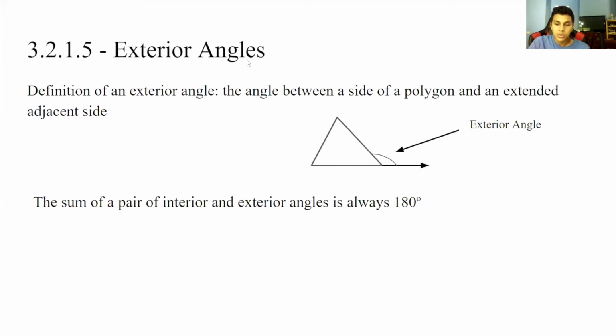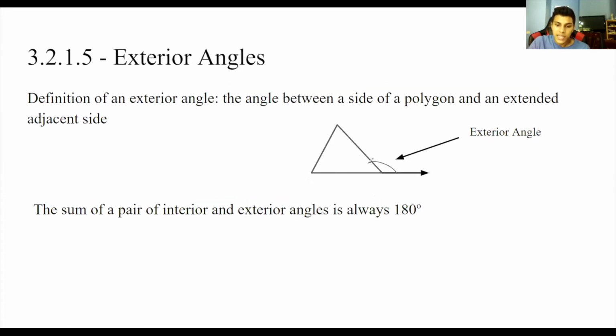And this is actually pretty easy to see too, because if I take this pair of an interior angle and its corresponding exterior angle, they add up to 180 degrees because they're on a straight line. See, when I extend a side and create an extended adjacent side, this line that you create the exterior and interior angle on is straight. And since we already learned that two angles on a straight line always add up to 180, this rule still applies to interior and exterior angles.